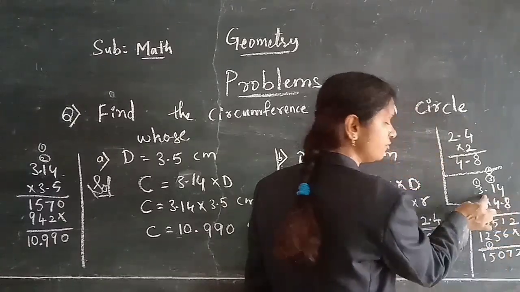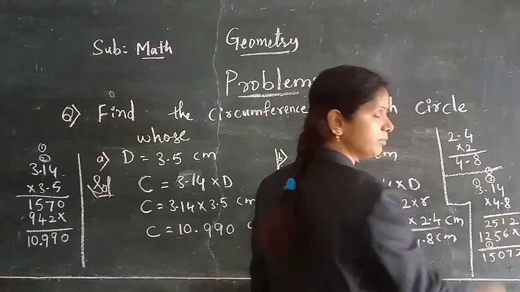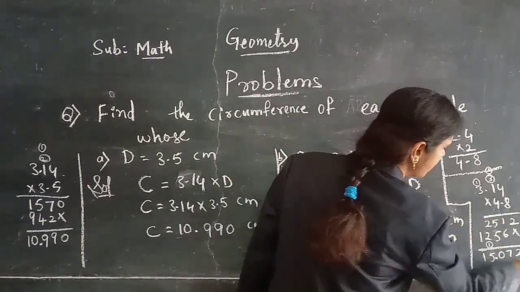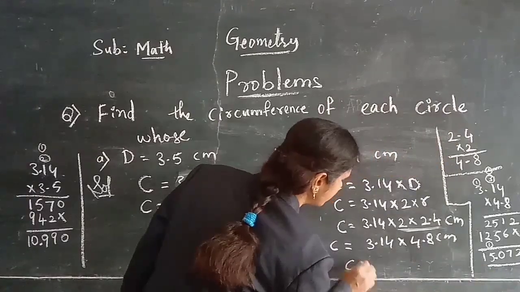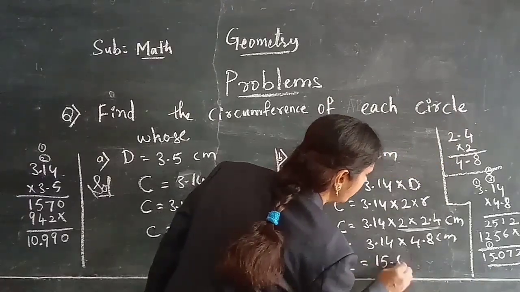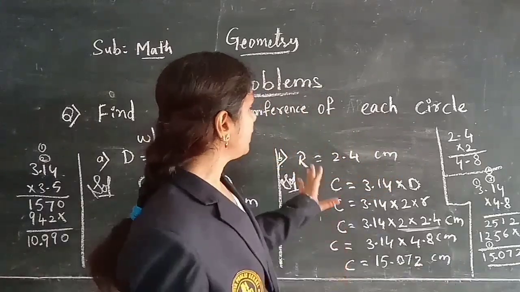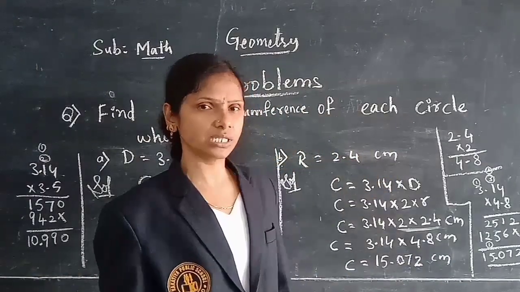Here there are 2 digits before the point in the first number and 1 digit before the point in the second number. Total 3 digits before the point we need to keep in the answer. So circumference is equal to 15.072 centimeters when the radius is 2.4 centimeters.